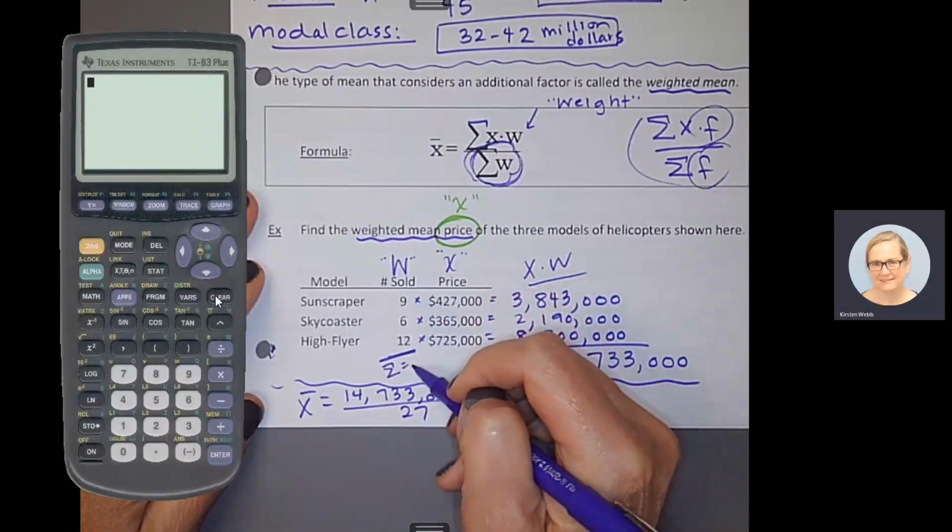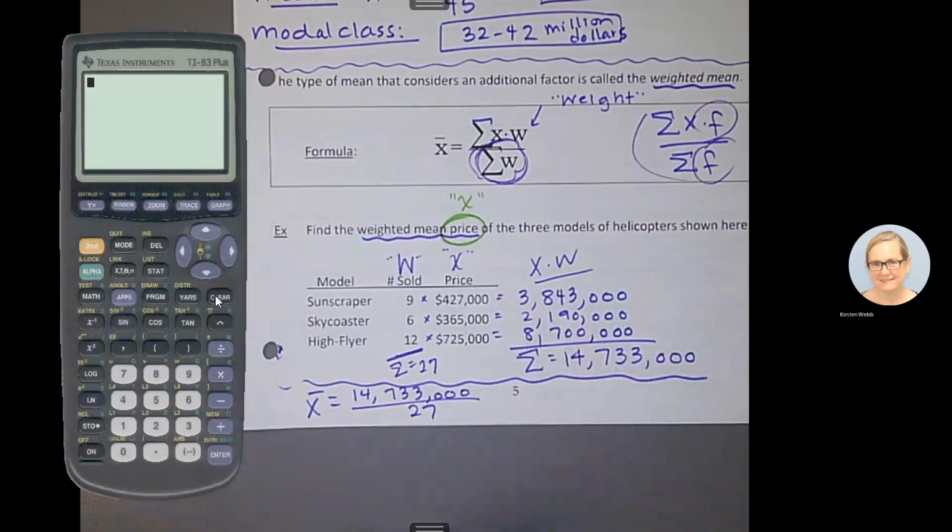9 and 6 and 12. And 29. 9 and 6. Oops, that's not it. 9 and 6 and 12.